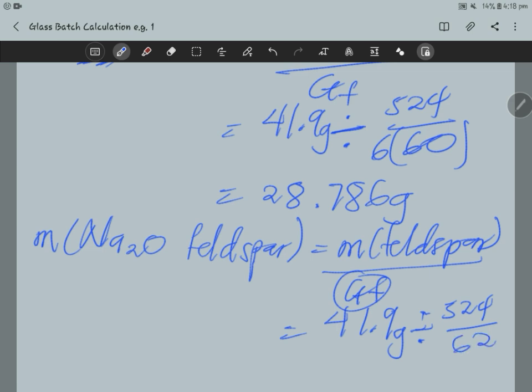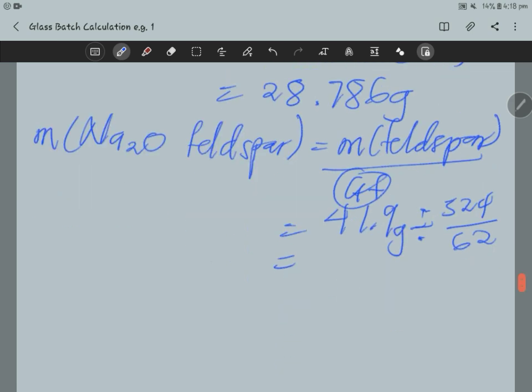So 41.9 times 62 over 524, the amount of Na2O that will come with the feldspar that we add into the system will be 4.958 grams.